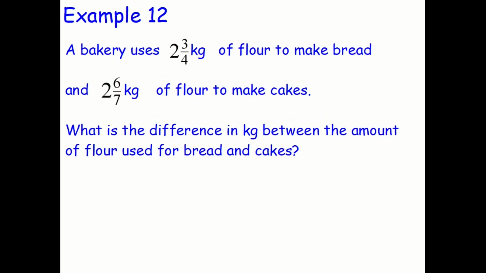Example number 12. A bakery uses 2 3/4 kilograms of flour to make bread and 2 6/7 of a kilogram of flour to make cakes. What is the difference in kilograms between the amount of flour used for bread and cakes? Usually the word difference indicates that it is a subtraction. And it says between the amount of flour used for bread and cakes.